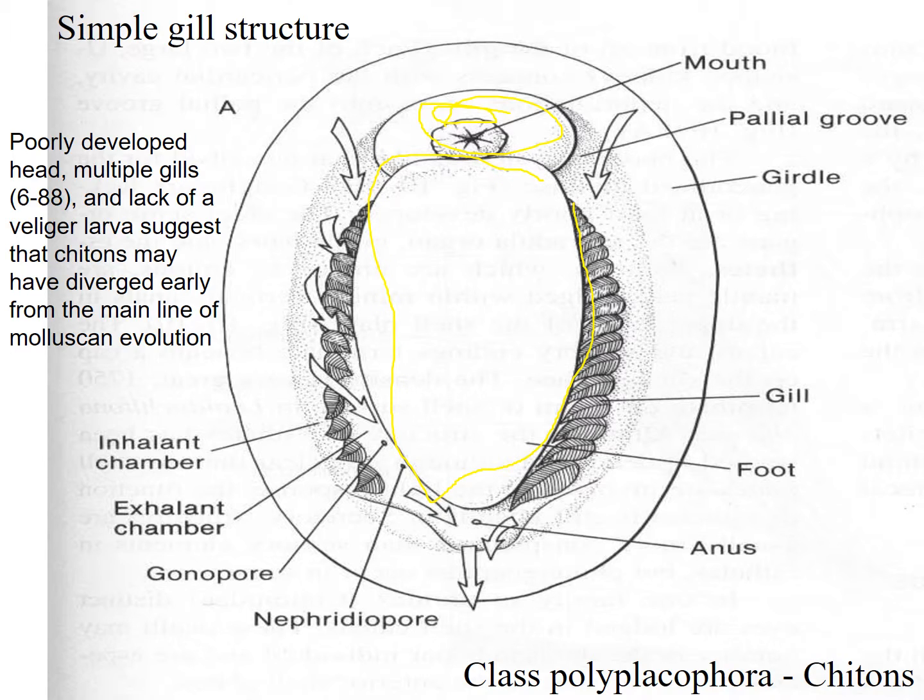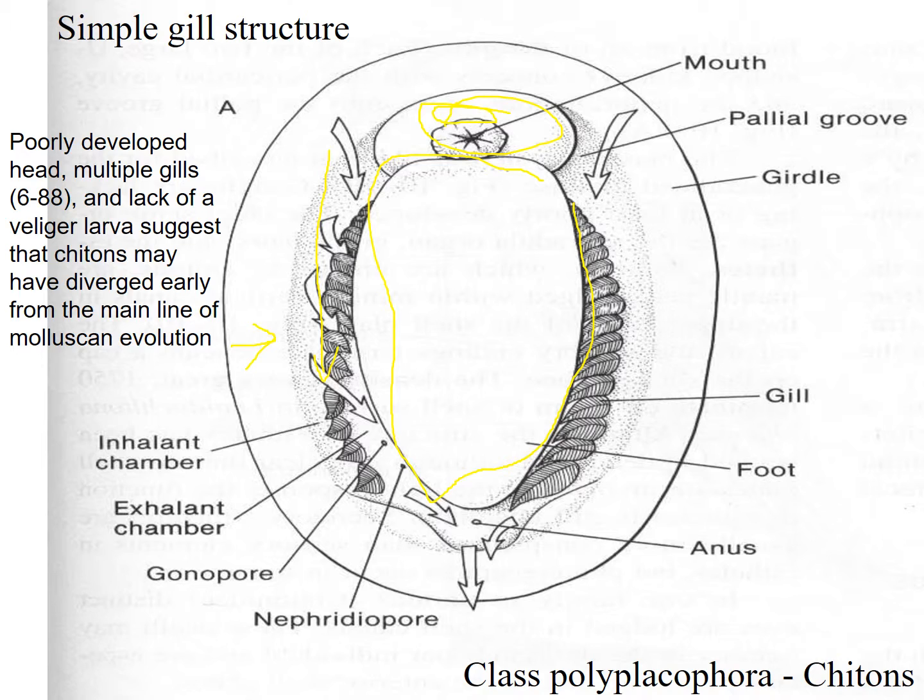Okay, the mantle will be here, and essentially it's going to be the outer part of the animal, right out to the outside edge, because the plates don't quite cover the entire mantle. And you can see the water going past the gills, and then underneath the muscular foot is the visceral mass.